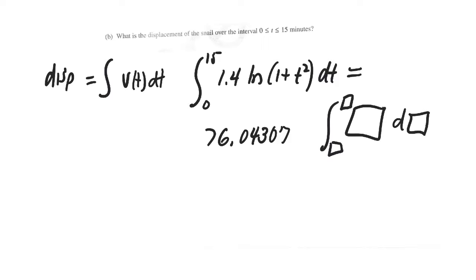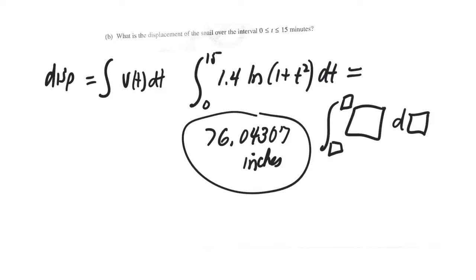You're allowed to use it, but they're not going to require you to use it. In any event, if you're integrating inches per minute times minutes, this would be in inches, is the answer to part B.